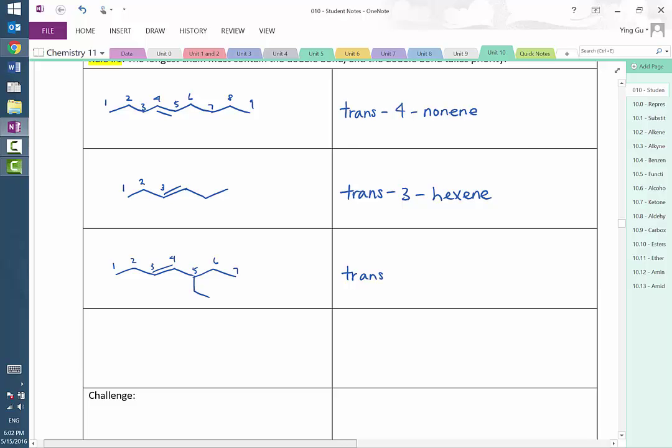This is another trans. It's a zigzag shape. Then this is the part where we put in the branches. So we have a branch right here, and that's a 2 carbon branch. That's an ethyl. It is on carbon 5, so we write 5-ethyl. After we do the branches, then we finish off with the double bond. It is on carbon 3. There are 7 carbons, so this is 3-heptene.